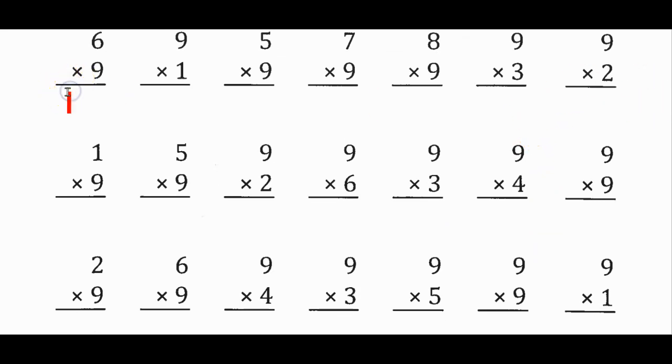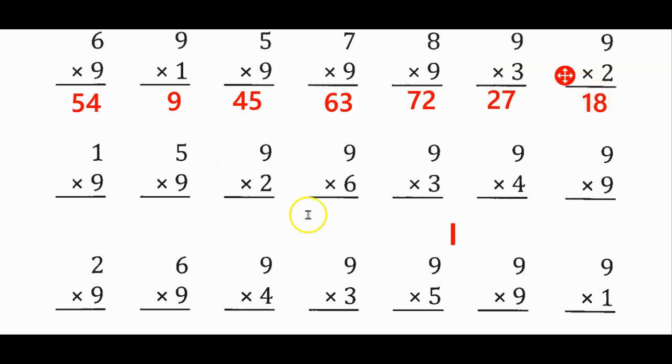And 9 times 7, that's 63. 9 times 6 is 54. 9 times 1 is 9. 5 times 9 is 45. 8 times 9 is 72. 9 times 3 is 27. 9 times 2 is 18. 1 times 9 is 9.